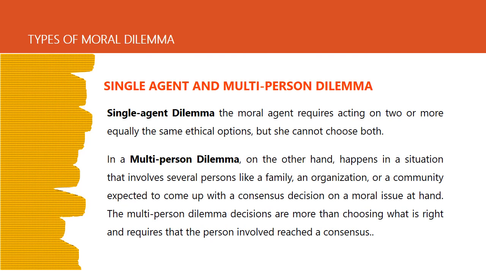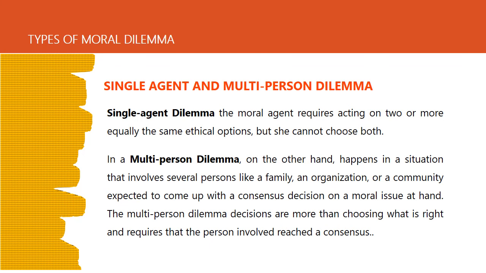A multi-person dilemma, on the other hand, happens in a situation that involves several persons, like a family, an organization, or a community, expected to come up with a consensus decision on a moral issue at hand.